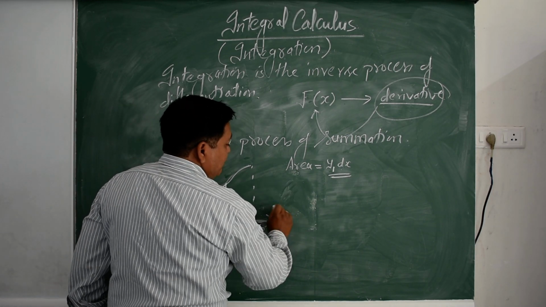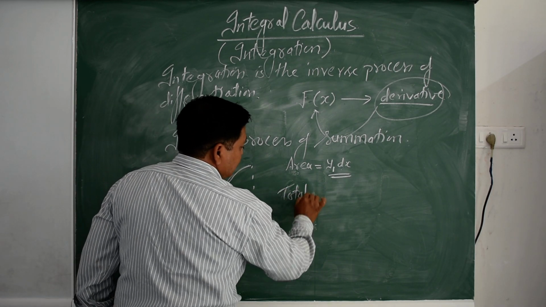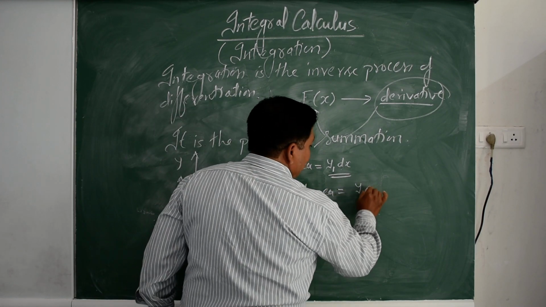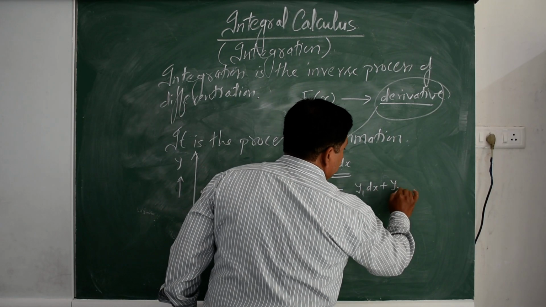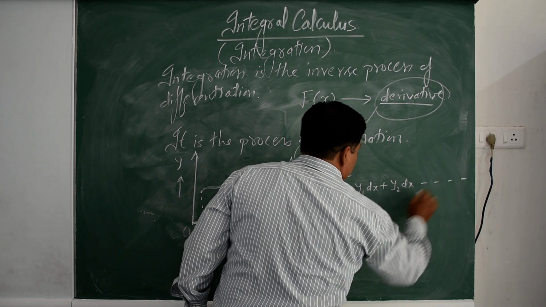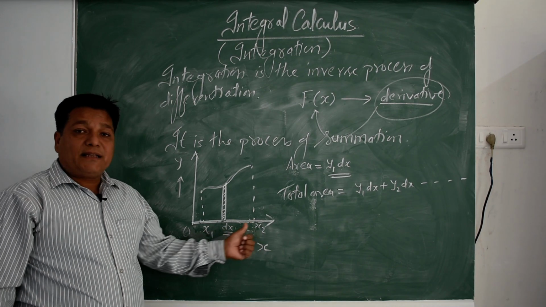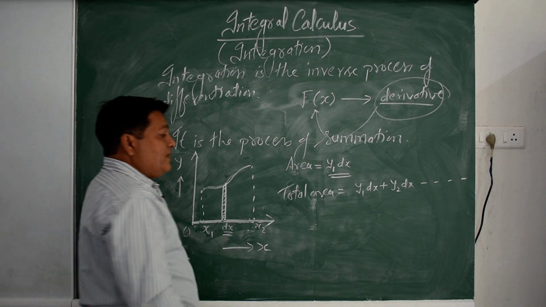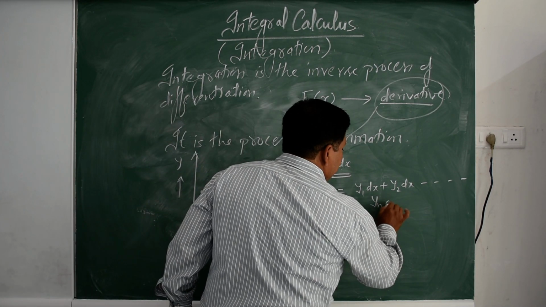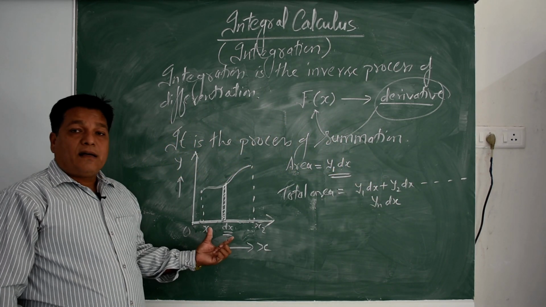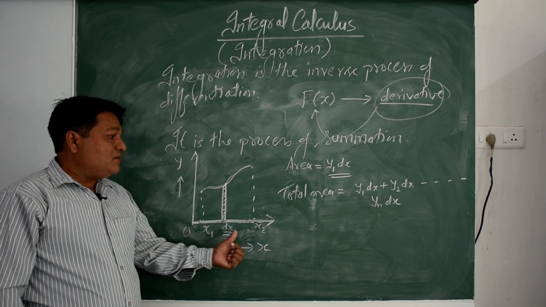The total area can be determined by y1 dx plus y2 dx and so on, up to yn dx if n parts are there from x1 to x2. We get the total area from x1 to x2.